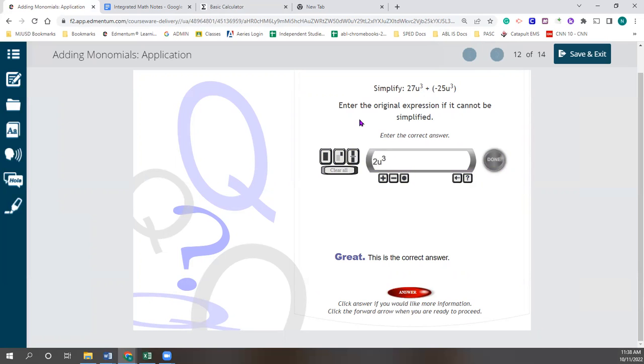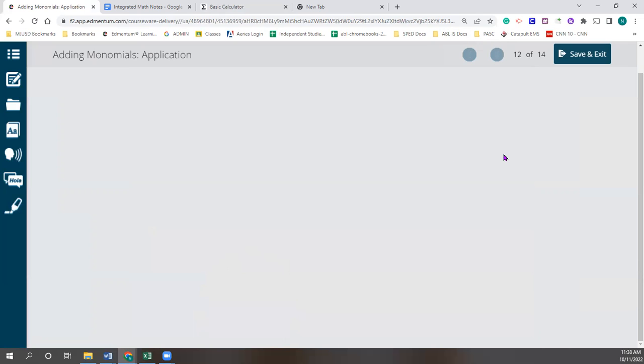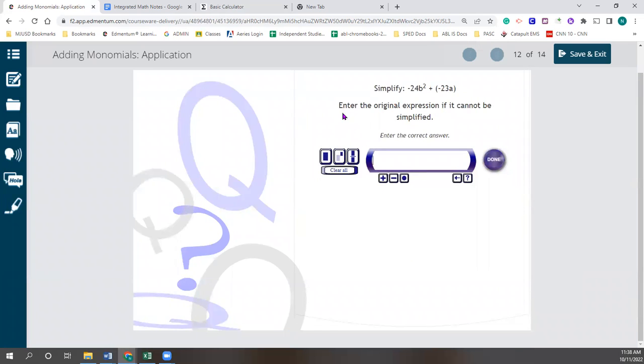Okay, the original, oh, there we go. Simplify negative 24b squared plus negative 23a. Are these terms the same? Is b squared and a by itself the same? No, they're not. So we cannot simplify that.